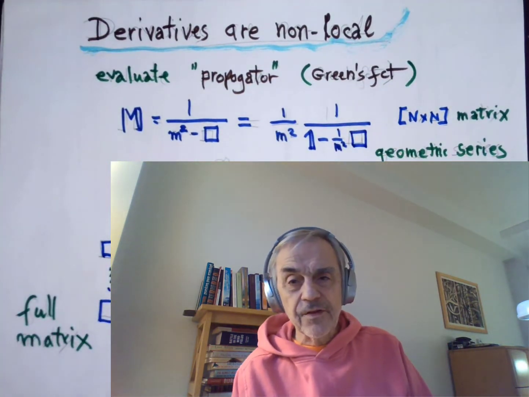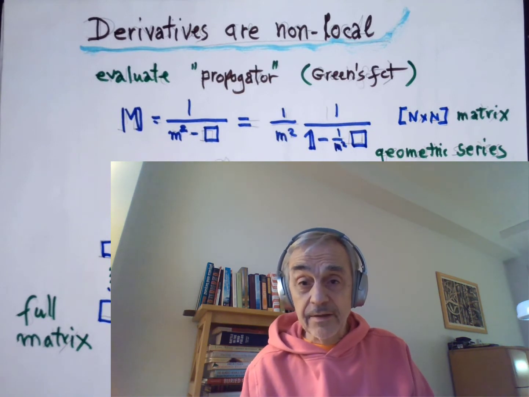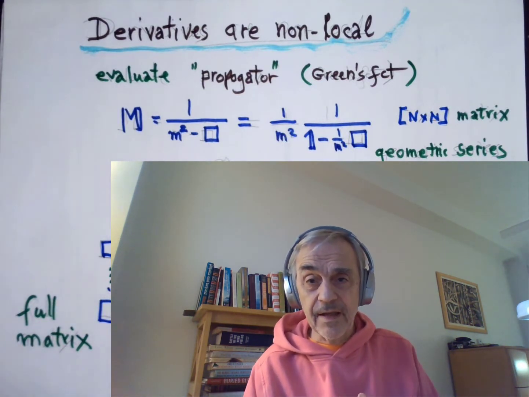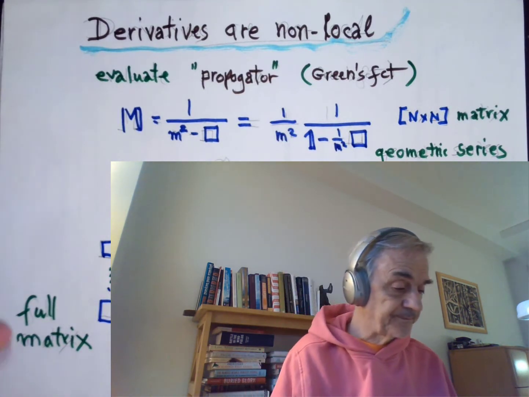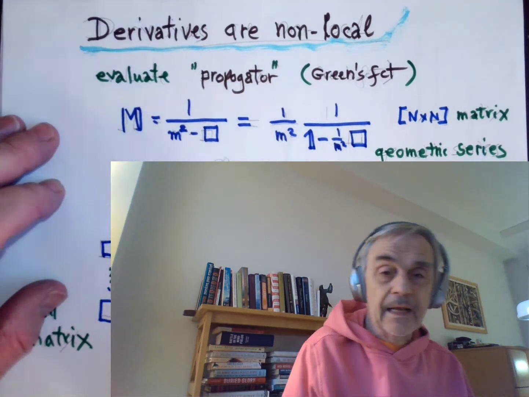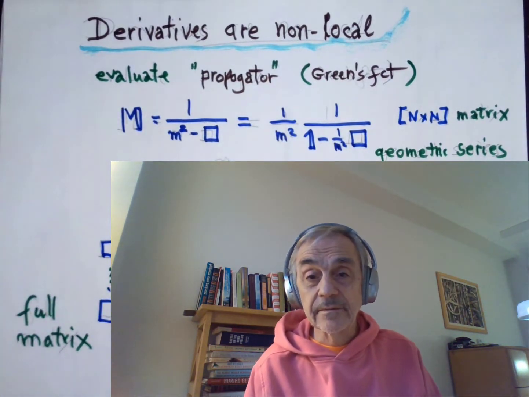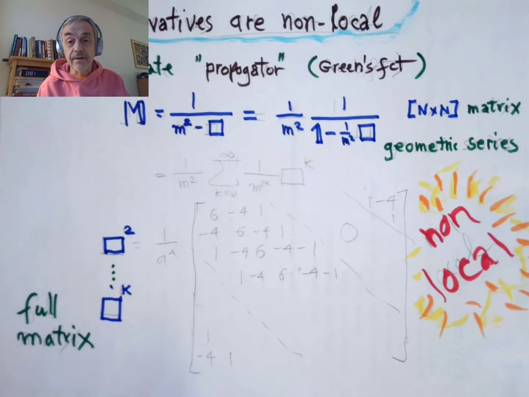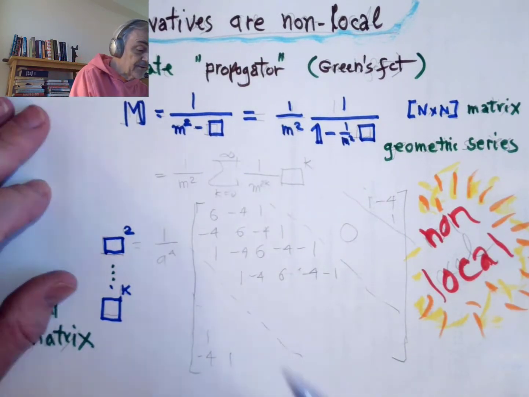So this is just an n by n matrix on a lattice that has n sites. And remember, a function of a matrix is a function just like ordinary functions were.